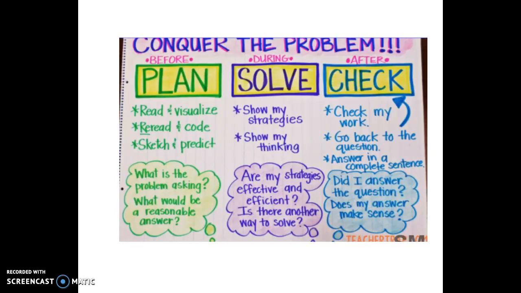That solving is carrying out your plan, checking, going back and looking at it. The plan, being able to do this, because you may pick some other general aspect for your problem-solving methodology on word problems. But the key aspects are the same. Read, fully understand, reread, code, sketch, and predict, right?